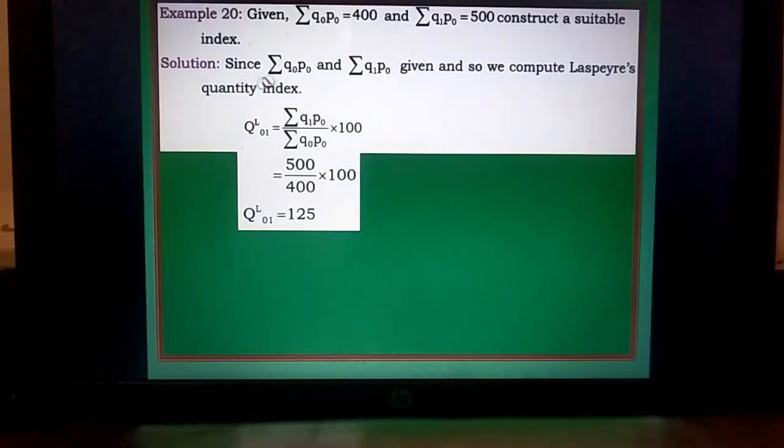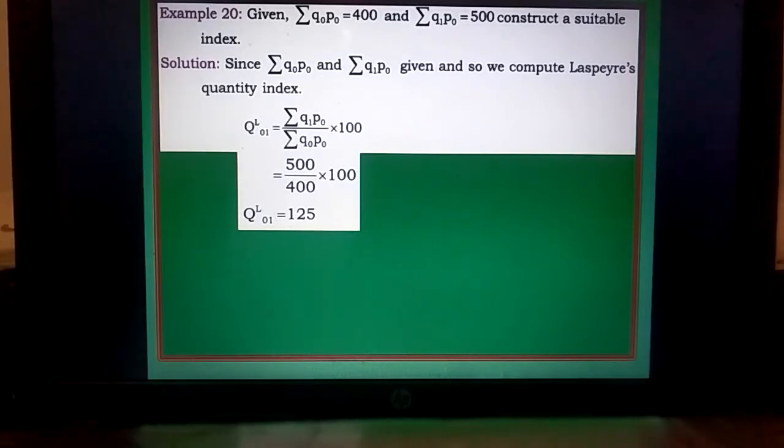Since sum of Q0 P0 and sum of Q1 P0 are given, we compute last year's quantity index. Last year's quantity index number formula we know: sum of Q1 divided by sum of Q0 is the quantity relative format, P0 and P0 is the weight applied, multiplied by 100 as usual from the formula.